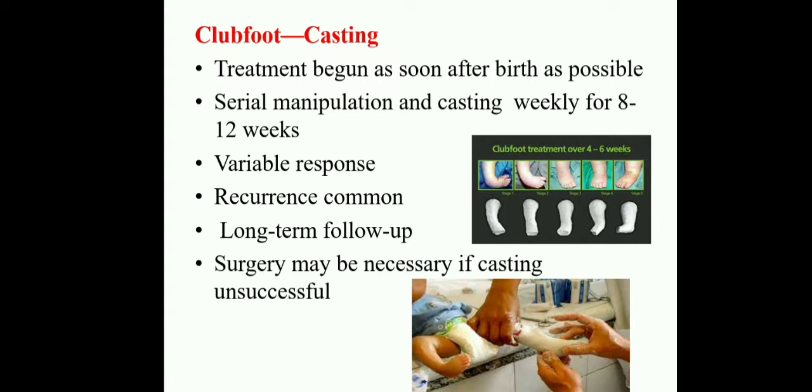Surgery may be necessary if casting is unsuccessful. Whenever they are using the POP cast and the child is still suffering, not getting normal foot correction, then surgical intervention is needed.